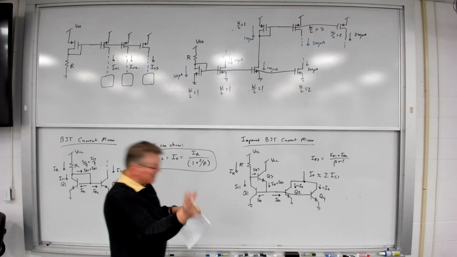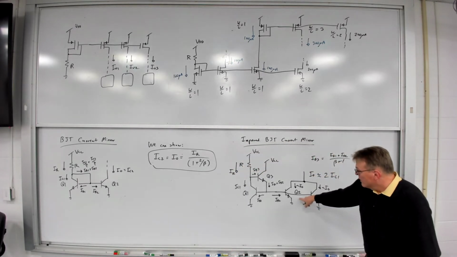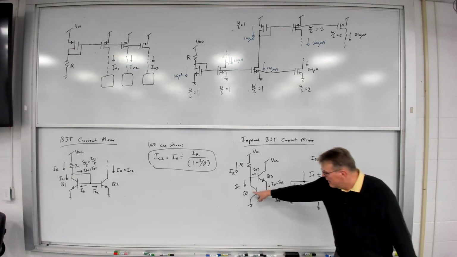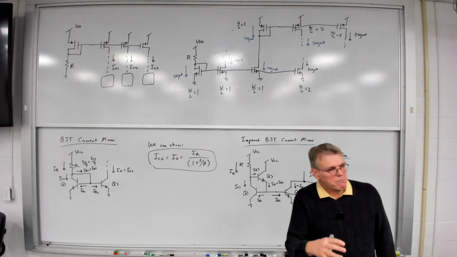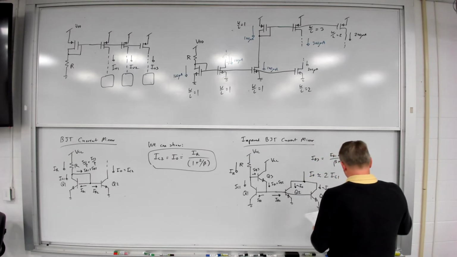But getting back to your question, in this case, we already said before, IC2 would be approximately equal to IC1 times, what was the equation there? It was 1 over 2 beta squared.